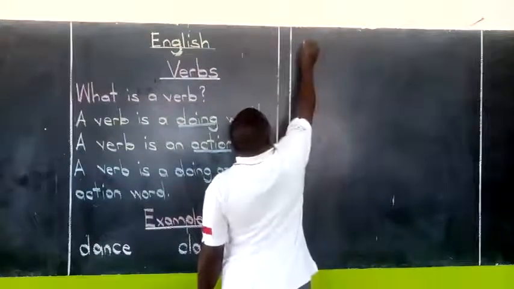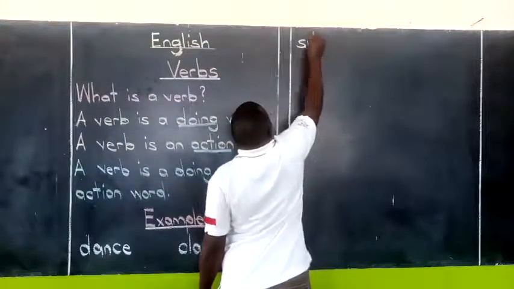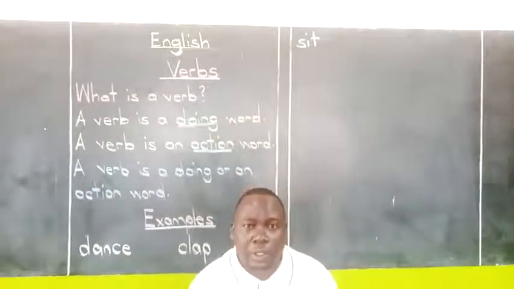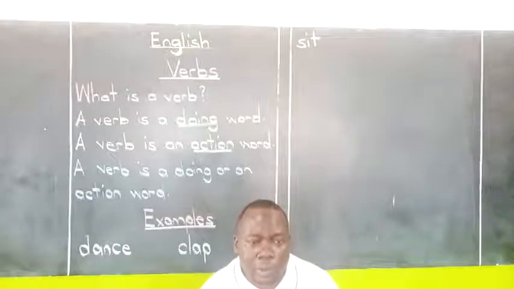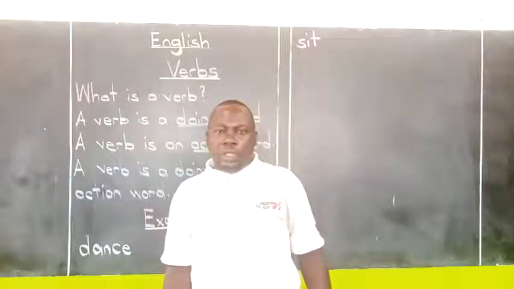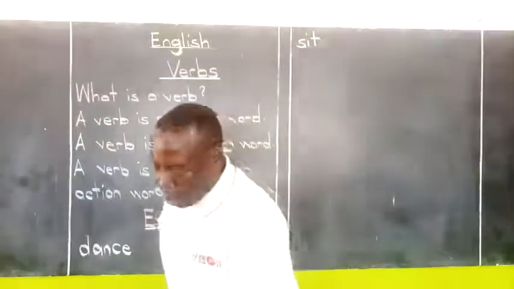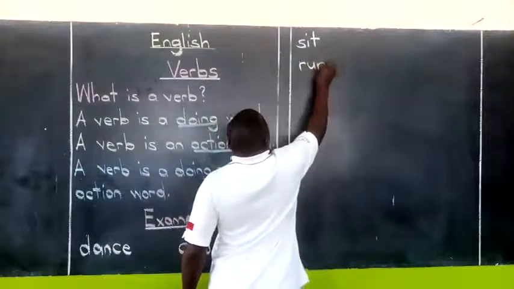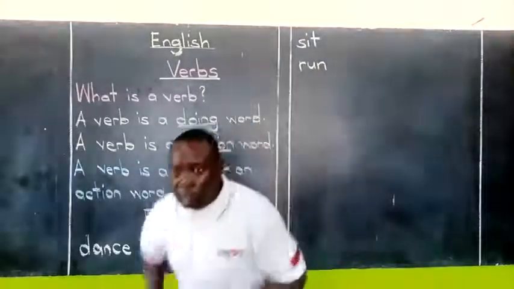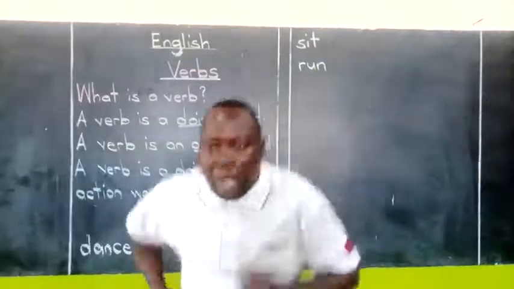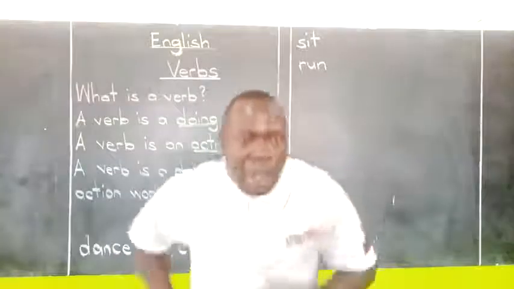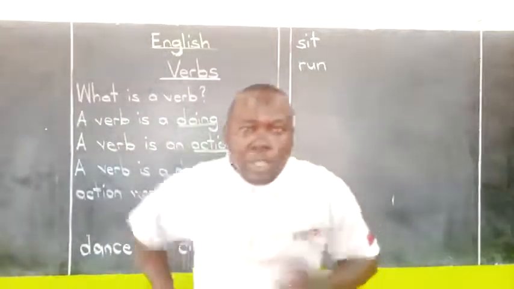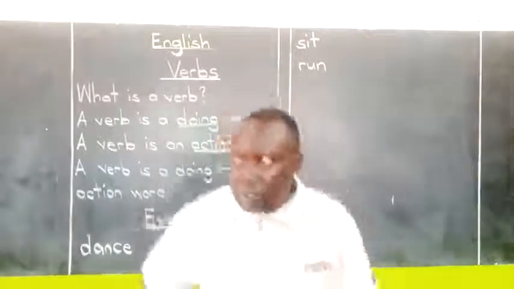We have sit. So where you are seated. So sit, with the action and the word. We have run. So action and the word. Action word. That means when you are mentioning a verb, it has to come with the action.